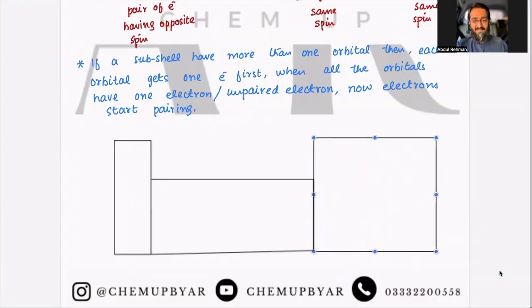It is like this. Is there any other block in the periodic table? Yeah, there are two more rows. We have one element over here and one element over here, and we have two blocks over here as well.